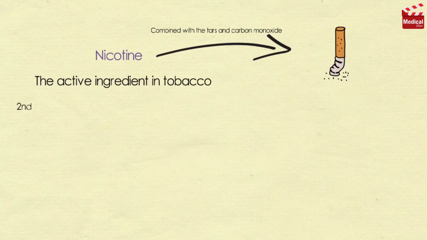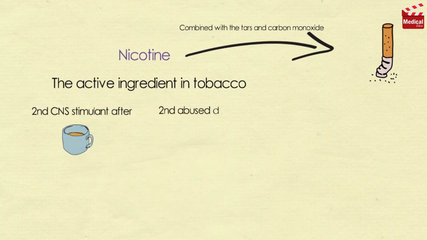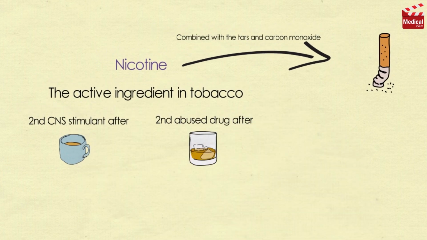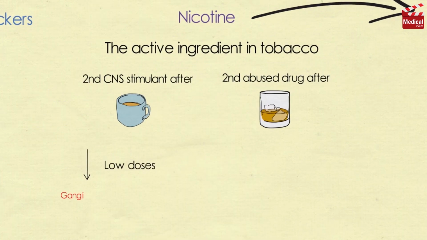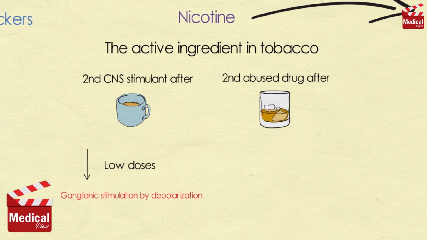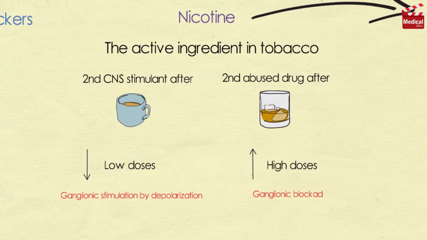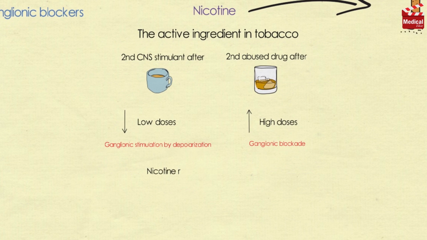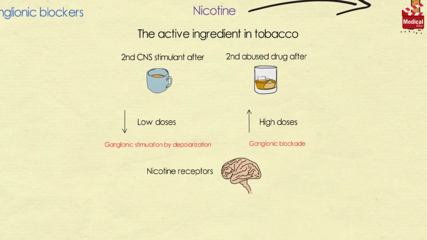Nicotine is the second most widely used CNS stimulant after caffeine, and it is the second most abused drug after alcohol. In low doses, nicotine causes ganglionic stimulation by depolarization. And at high doses, nicotine causes ganglionic blockade. Nicotine receptors exist at a number of sites in the CNS, which participate in the stimulant actions of the drug.